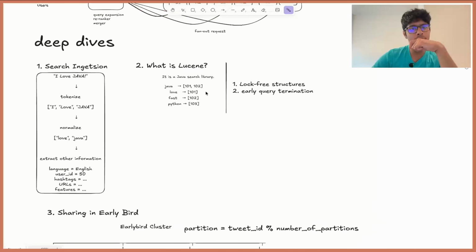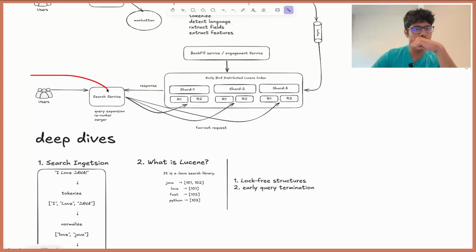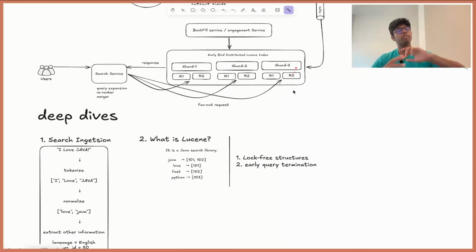Now, if we make a search query here, we are going to send Java to all the shards, this shard, this shard, and this shard. When we send this Java query to all the shards, we are going to get different lists, and then we can merge them and send it to the user. That is why I mentioned the fan out request.